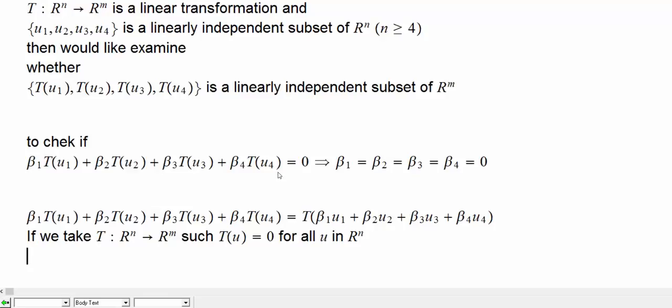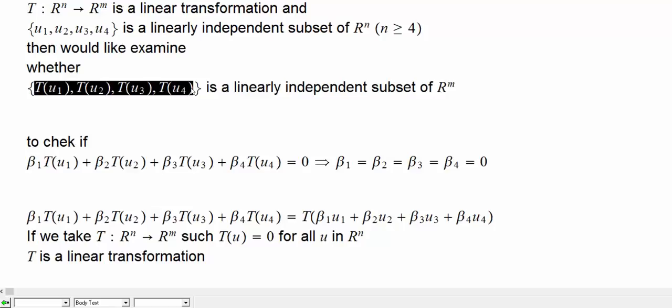Then T is a linear transformation, and any linear combination of these vectors will be 0, because now they are all 0 vectors.